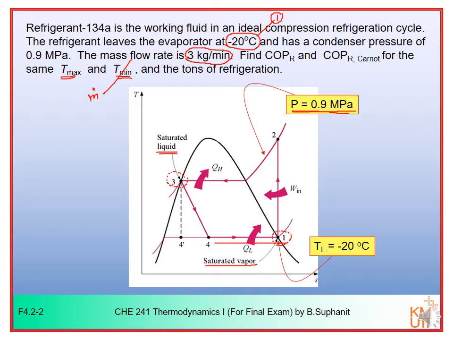It is on the sat liquid line here. So this is the ideal VCR system. Okay. The cycle consists of isentropic, which is process 1-2, isobaric, which is process 2-3, isenthalpic or process 3-4, and isobaric in process 4-1.